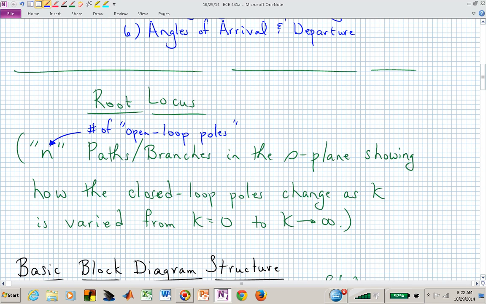So let's say d of s was a 10th order polynomial. Then little n, that's kind of confusing, isn't it? We have n and n of s, and they're not related. They're not even cousins. Sorry. But d of s has an order of little n, 10.